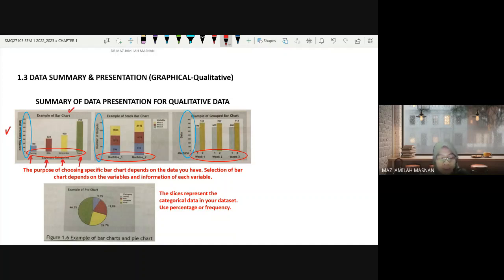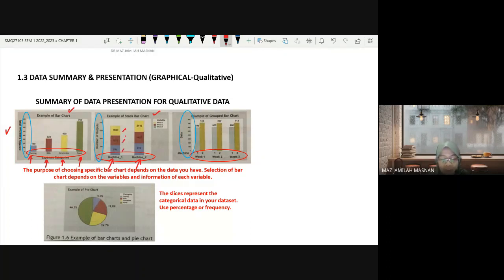Apart from bar charts, you can also have a stacked bar chart. Sometimes you may have certain data whereby you wish to see, with regard to several qualitative or categorical variables. For instance, in this case, I wish to see the performance of machine 1 and machine 2, whereby under machine 1 and machine 2 it will involve different groups.